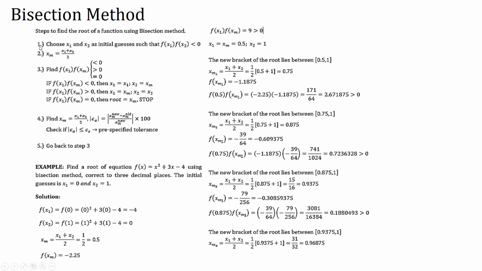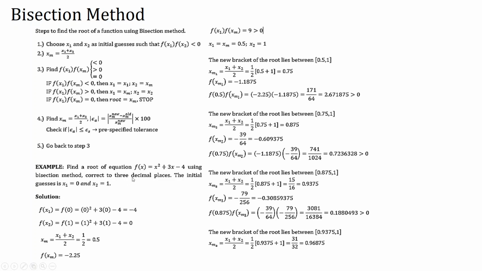So on the first step, we have to choose x1 and x2 as initial guesses such that f of x1 times f of x2 is less than 0. So let us check this first procedure. Solution: f of x1, meaning I will evaluate the given function at x1 equals 0.